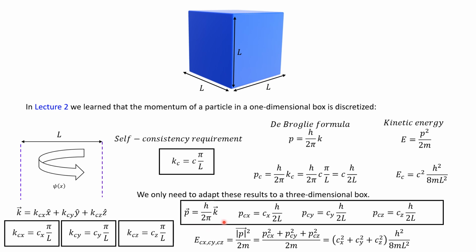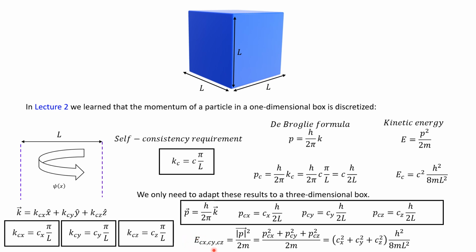This is the de Broglie equation, and it follows that if the components of the wave vector are discrete, then the components of the momentum must also be discrete according to these expressions that come directly from the de Broglie formula.